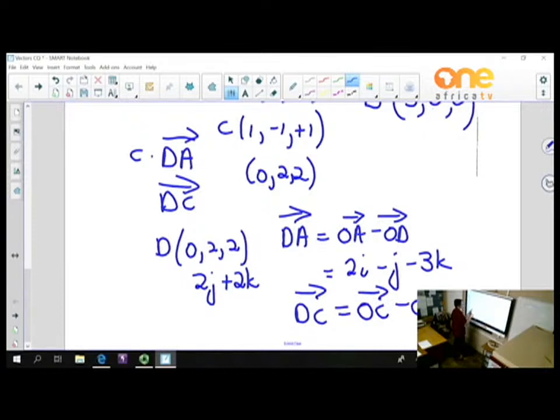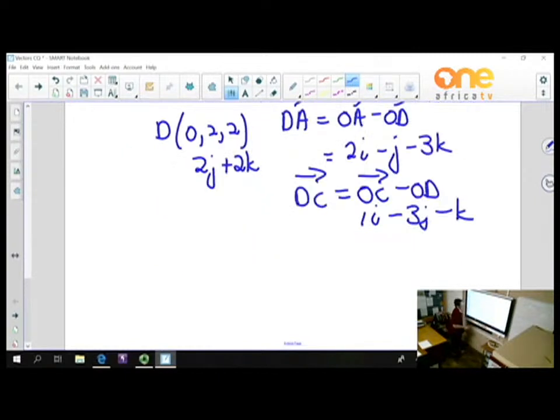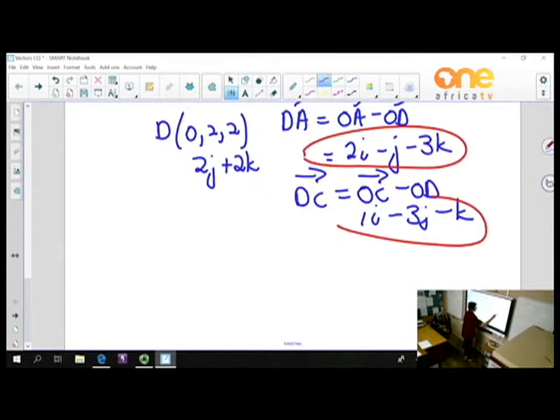So there we have OC, here we have OD, so that will be 1 minus 0, which is 1i, and then negative 1 minus 2, which is negative 3j, and then 1 minus 2k, which is minus k. So there are my two vectors now. This is DA and this is DC, and that is what we're going to work with now here.